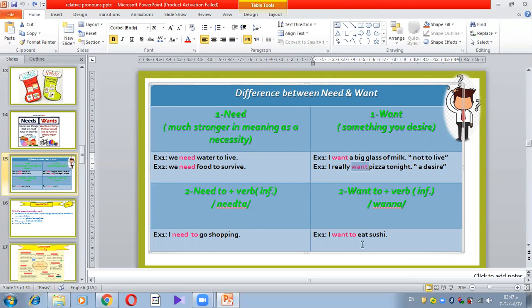So I want to eat sushi, or I wanna eat sushi. The same with need to plus verb infinitive. The contraction for this is needa. I need to go. I need to go shopping. So it's the same. Both of them can be followed by to plus the verb in the infinitive, and both of them can have contraction as well.